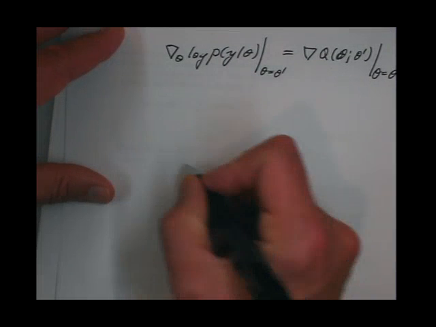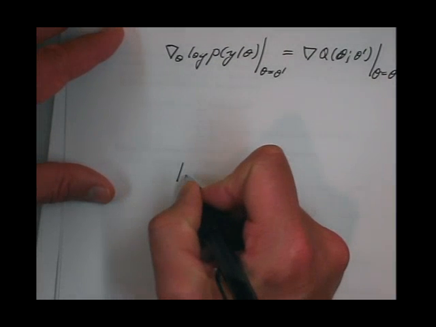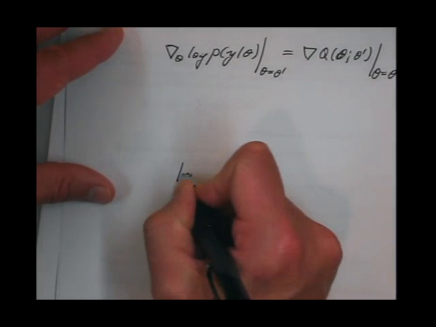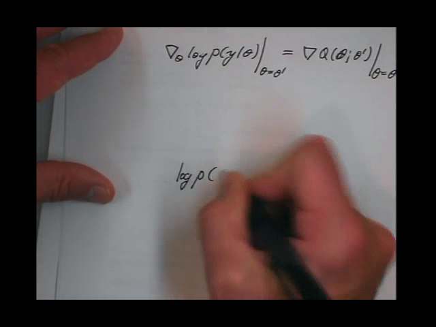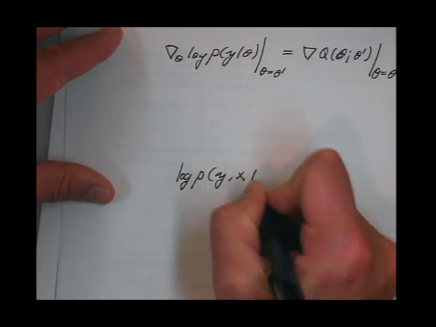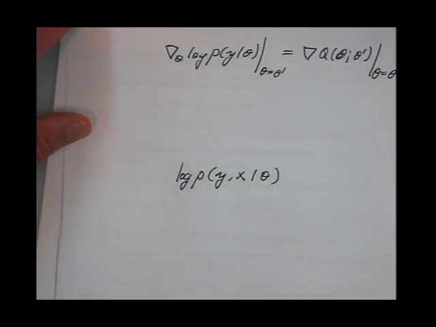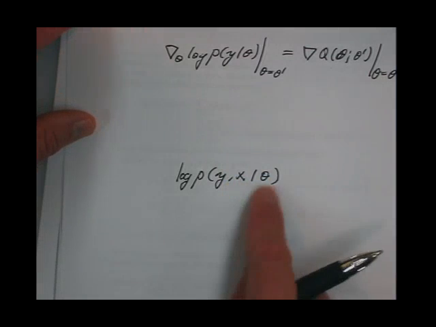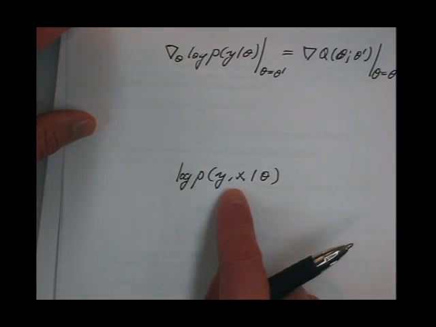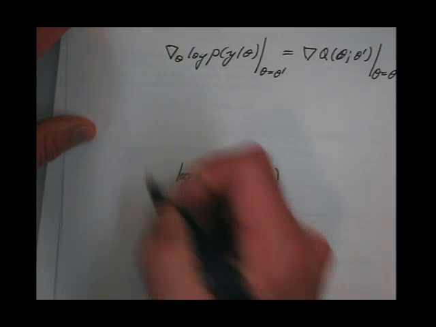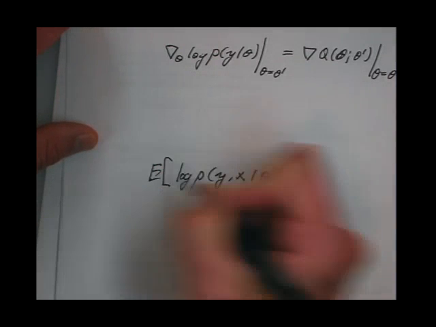Remember, the whole concept of the EM algorithm is that we would like to have the log of P of y, x given theta. We'd like to maximize that with respect to theta. That would give our estimate of theta. But the problem is we don't have x. So since we don't have x, what do we do? We take the expected value over the random variable x conditioned on what?